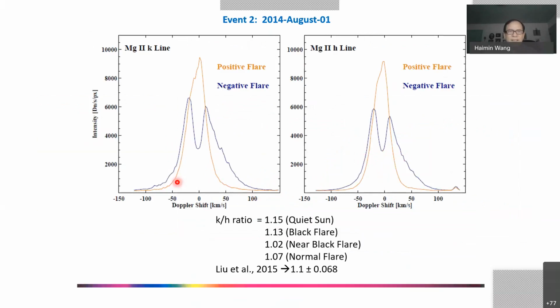Then we found for the positive flare, the line profile, that's the magnesium K line and H line, is the normal profile. For the negative flare, they have a self-absorption. But again, in the IRIS observation, it's never a dark ribbon. It's just that in the line center, there is a dip, okay?